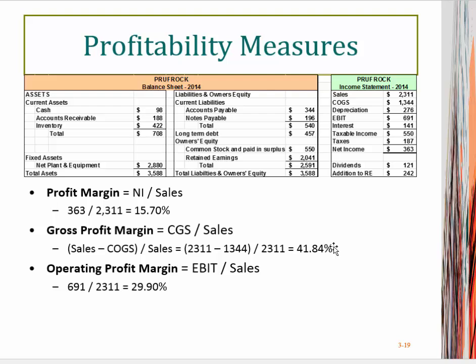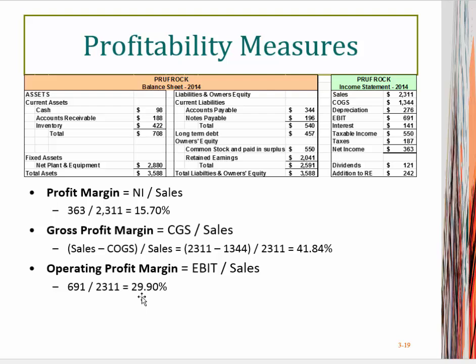The next line item then is the operating profit margin. And this goes down one profit number further: EBIT, operating profit, divided by sales. Now this includes all the expenses of running the company. So it includes all the operating expenses. It includes depreciation, the salaries of management, research and development. All of those expenses associated with operating the company are included in this number.